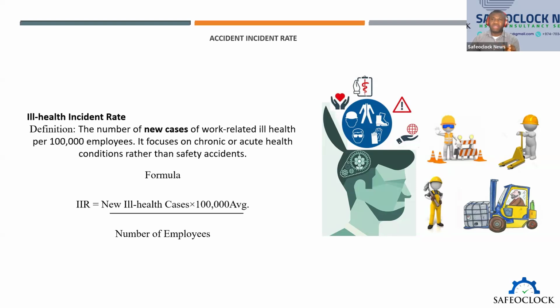So it's focusing on the ill health. The formula for IIR, which is ill health incident rate, is new health cases multiplied by 100,000, then divided by the number of employees. With that formula, you can simply get it. Just input the numbers, press your calculator, and you get your value for ill health incident rate.